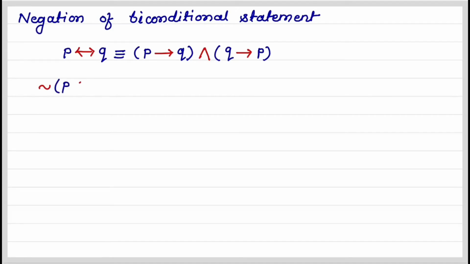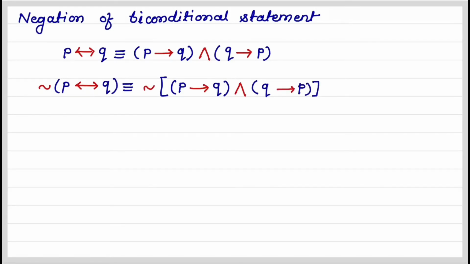Negation of P double implies Q is negation of RHS, which is equivalent to negation of P implies Q and Q implies P. Now we have to apply De Morgan's law for conjunction. Negation of conjunction is negation of first statement or negation of second statement. Applying this, we get negation of P implies Q or negation of Q implies P.